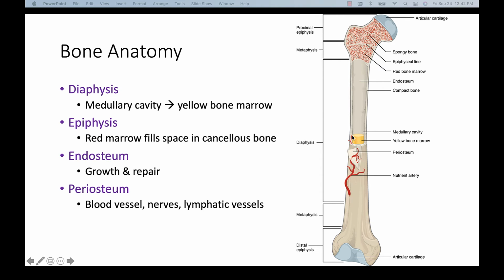And this periosteum contains the blood vessels, nerves, and lymphatic vessels that nourish compact bone. And so you can think of the endosteum, endo being in, and oste meaning bone, inside bone, and peri being around or surrounding, and osteum being bone, so it's surrounding bone. Periosteum is surrounding the bone, and the endosteum is inside. All right, so that's general anatomy of the bone.